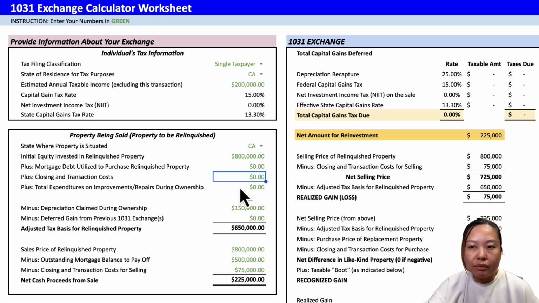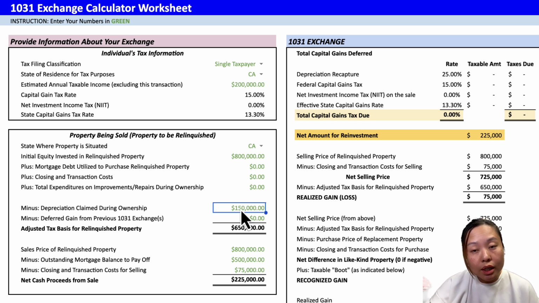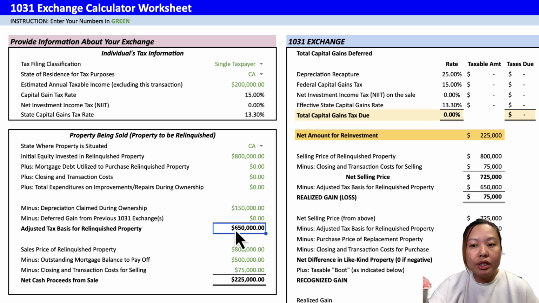In this case, I'm just not going to put it in to simplify the example. And then you put in the depreciation that you took on this property all the years that you own it. Once you enter all that information, it gives you your adjusted basis for your relinquished property.